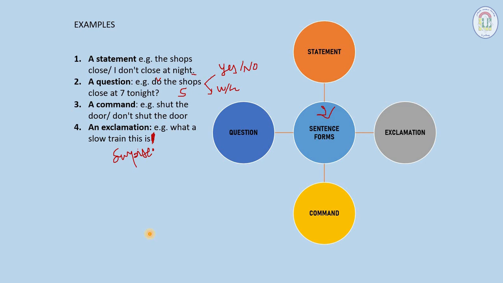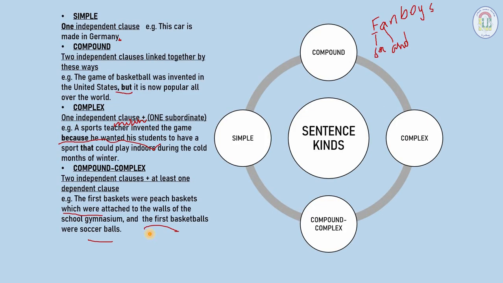The pattern can be a statement or a question. So all the 6 patterns that we have seen can be used in statements or in questions, mainly in these 2 sentence kinds. And these sentence kinds can come in forms of questions and in forms of statements.